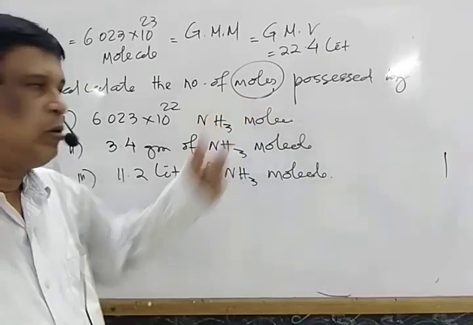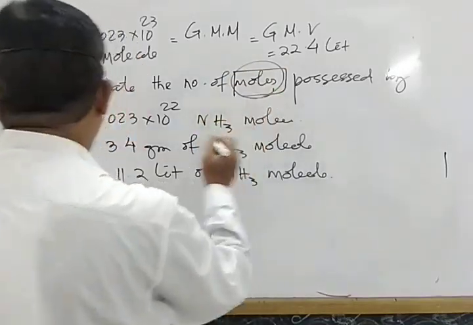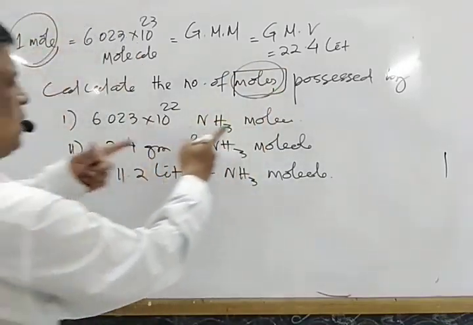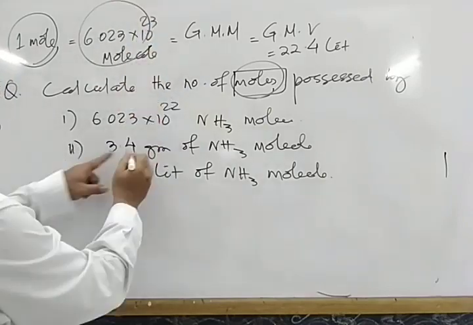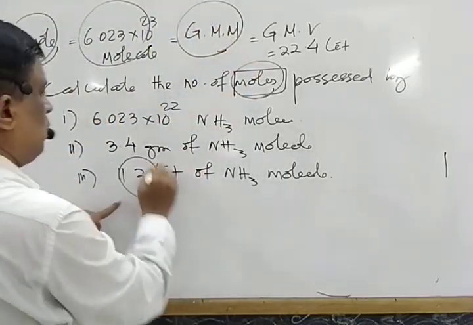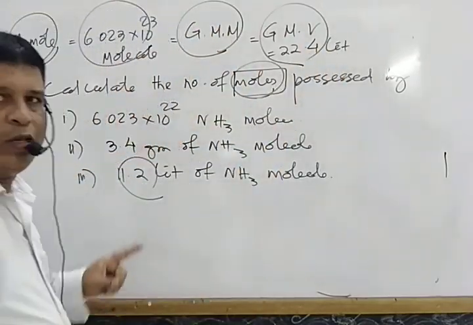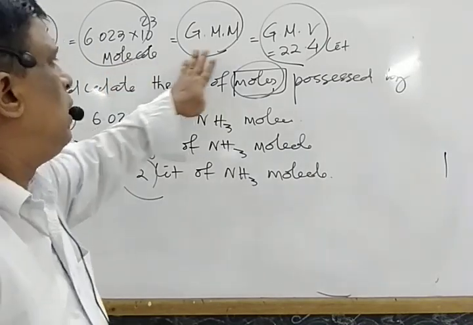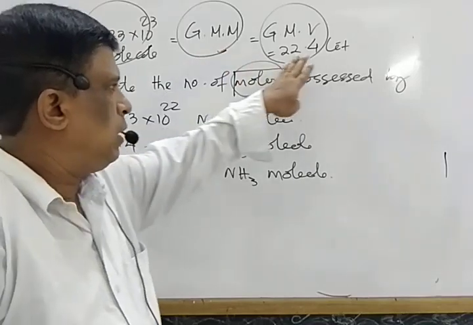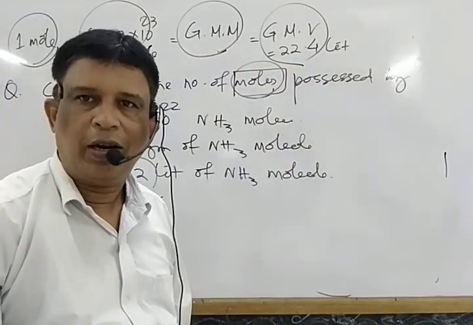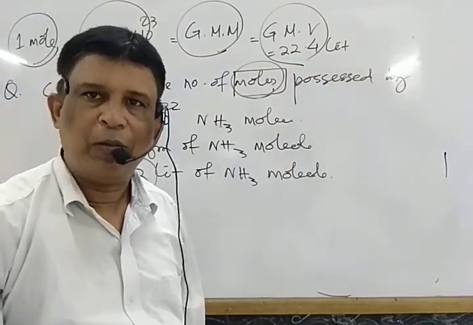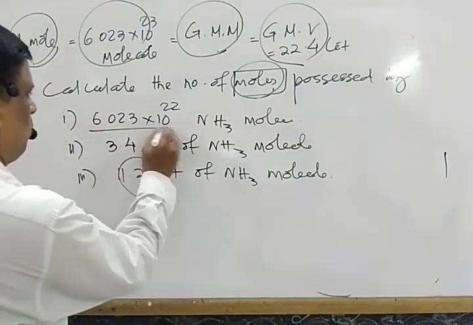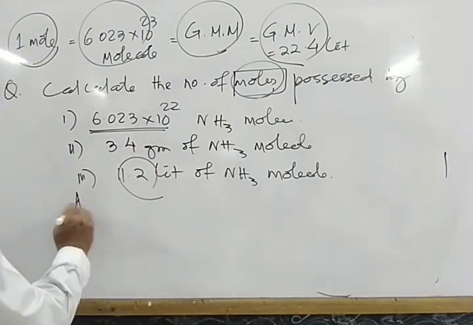We have to find out the mole with respect to number, with respect to mass, with respect to volume. So this relation is 1 mole equivalent to this number of molecules, equivalent to its molecular mass, equivalent to 22.4 liter. So mark that how we solve one by one. First is number. That means answer.